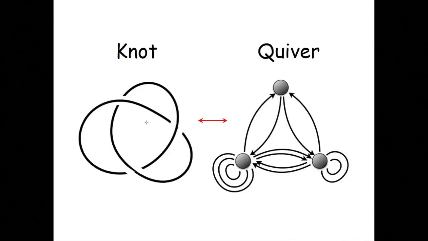So I want to go to a class of applications that we're exploring right now that is much richer than those simple invariants. And here the idea, predicted from physics, is that every knot should correspond to some quiver, which is a directed graph. And this is called the knot-quiver correspondence.